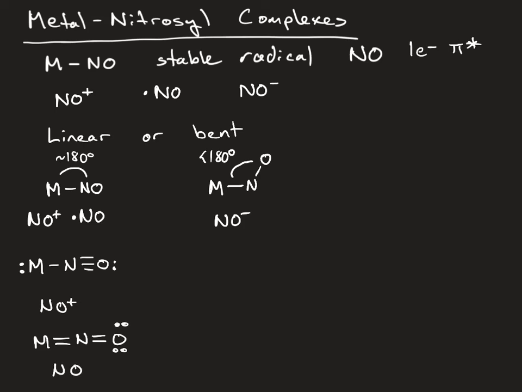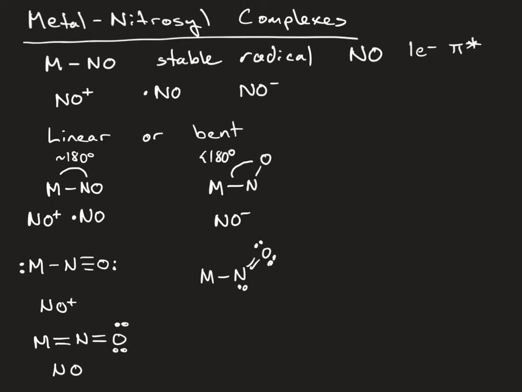In the case of NO-, the Lewis structure would look closer to this, where that lone pair that's now formally on that nitrogen would cause this to undergo a bending and deviate significantly from 180 degrees.